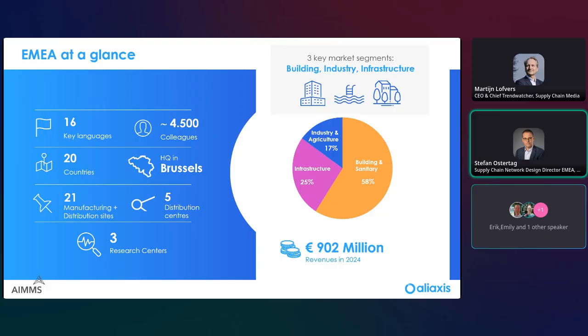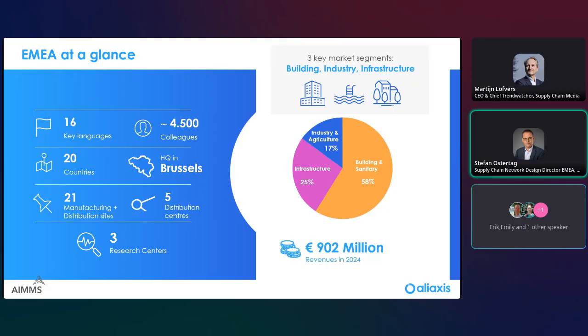We do have a lot of sites. I will explain on the next slide why this is the case and why this is our current footprint. We also have 3 research centers where we do the research for each individual segment. Just to give you a flavor, our revenue in 2024 was approximately 900 million.